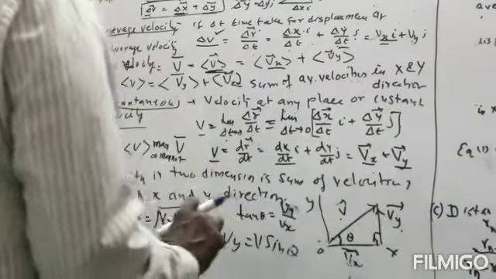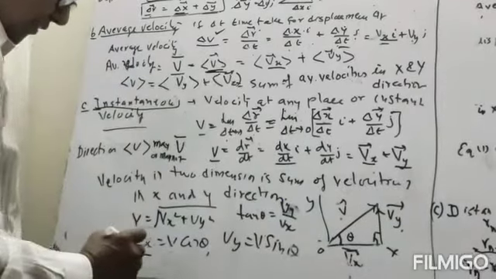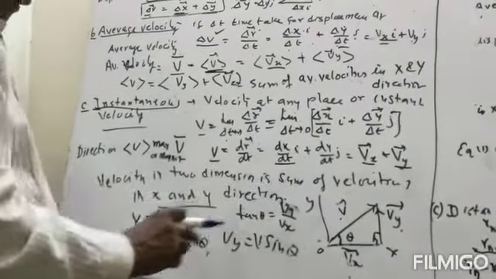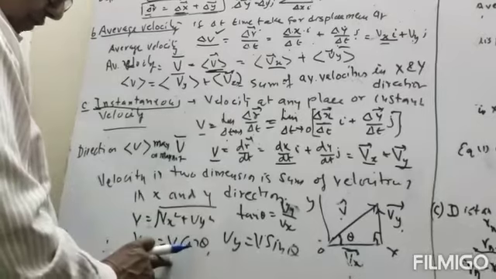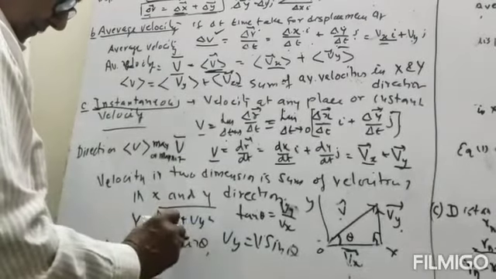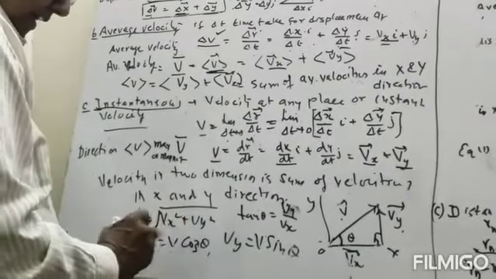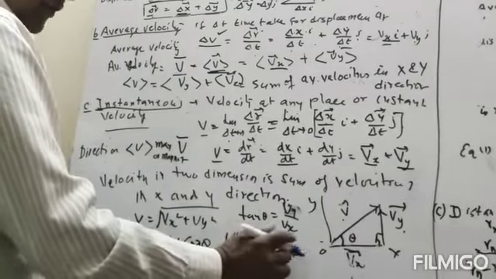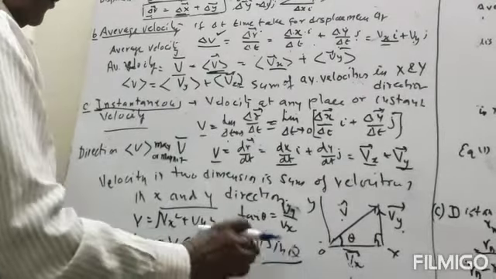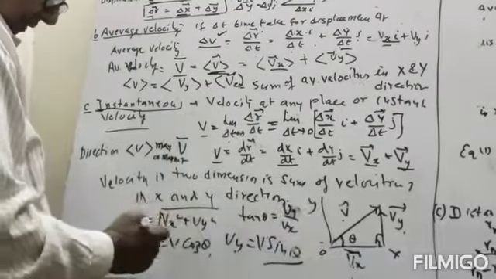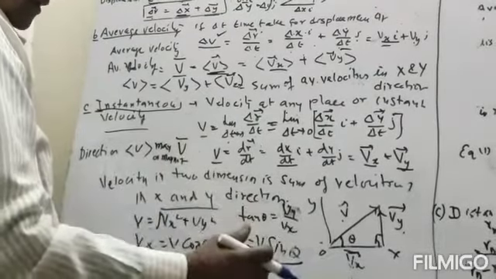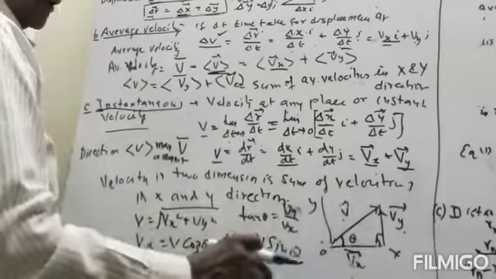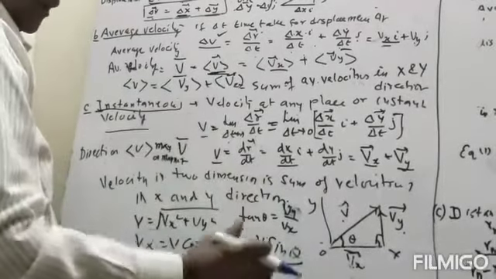So we can write the component vx, the component of velocity in x direction, will be equal to v cos theta. And the component of velocity in y direction will be equal to v sin theta. So we can resolve the velocity in x direction and y direction.